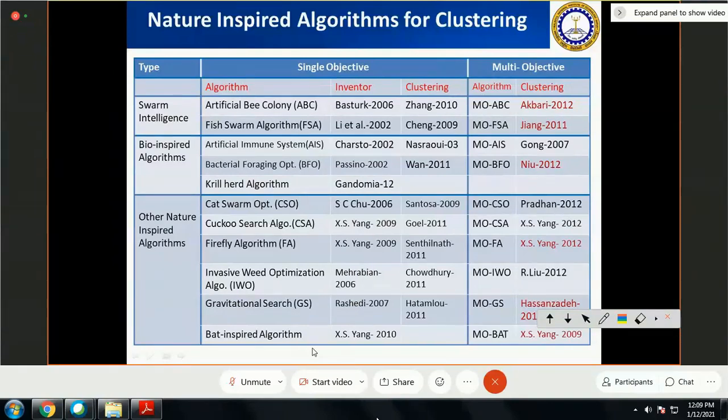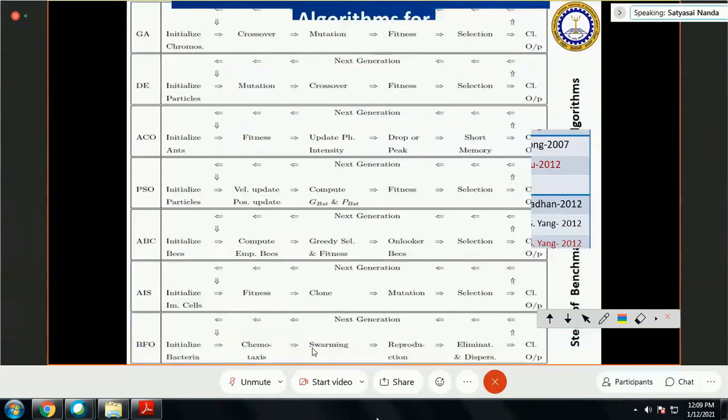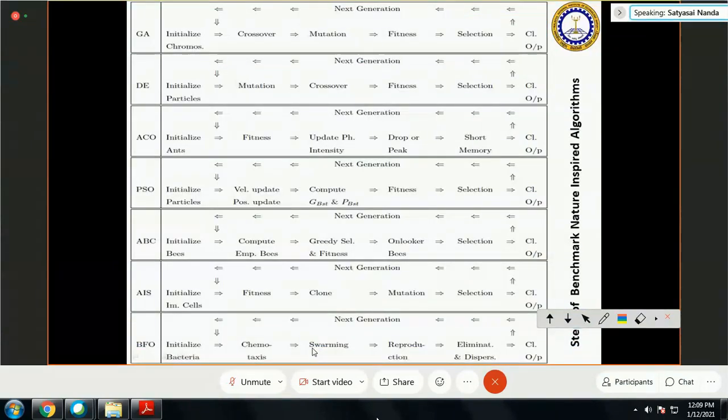So this is the overall flow diagram of the benchmark algorithms like genetic algorithm, ant colony optimization, and particle swarm optimization. These are their generalized steps for achieving the clustering part. If you are following the genetic algorithm, you have to follow crossover, mutation, fitness evaluation, and the selection procedure to achieve the clustering output. And you have to repeat this process several times.